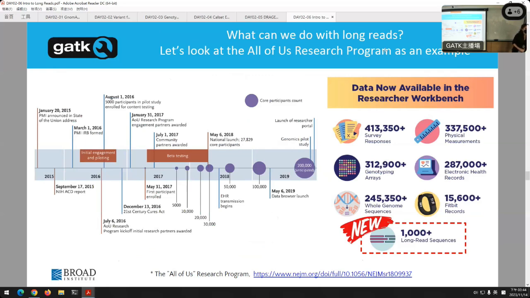So this is one of the larger population references of long-read data, and they're hoping to increase that and sequence something like 10 or 20,000 long reads and release those in the coming years.